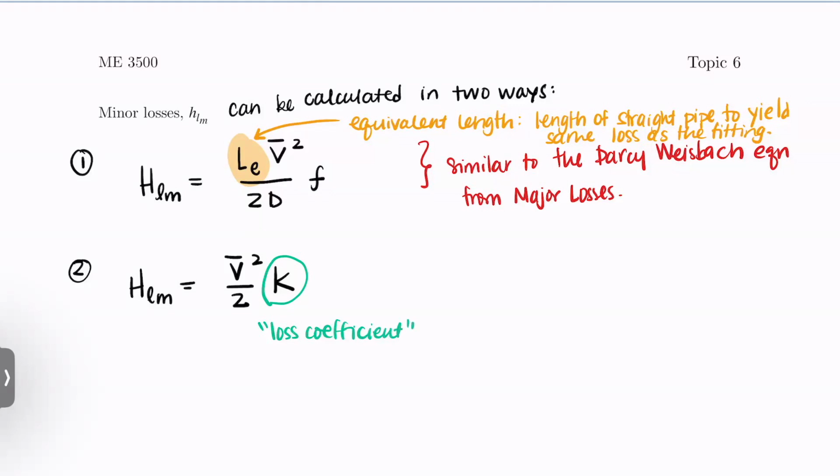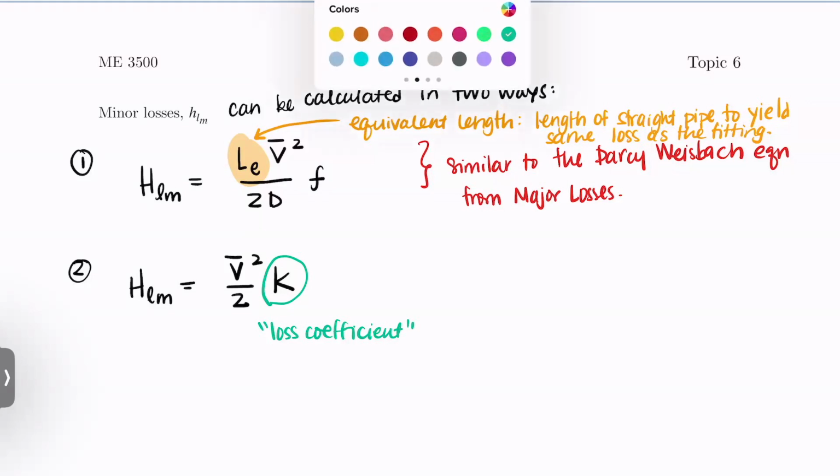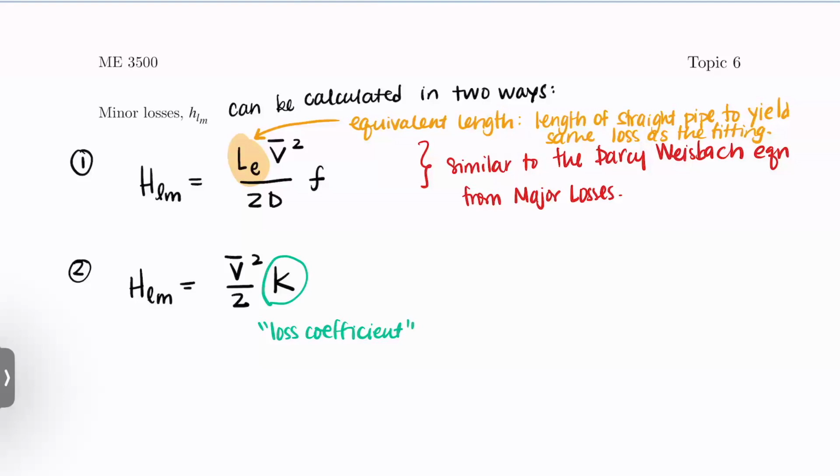And all K is essentially the grouping of these terms together. We can package up LE times f divided by D and just call that a loss coefficient K. So I'll write this more explicitly: LE times f over D is what K is.